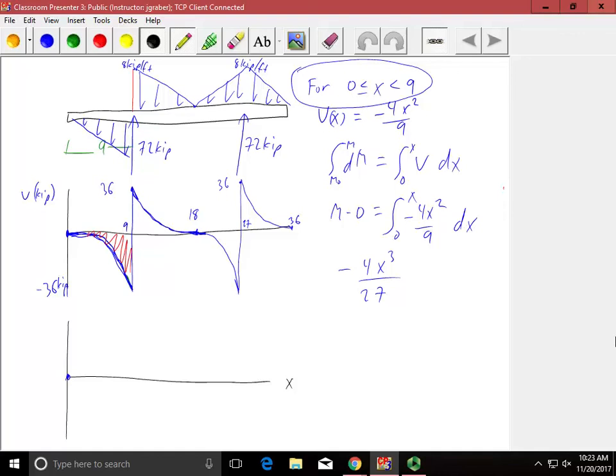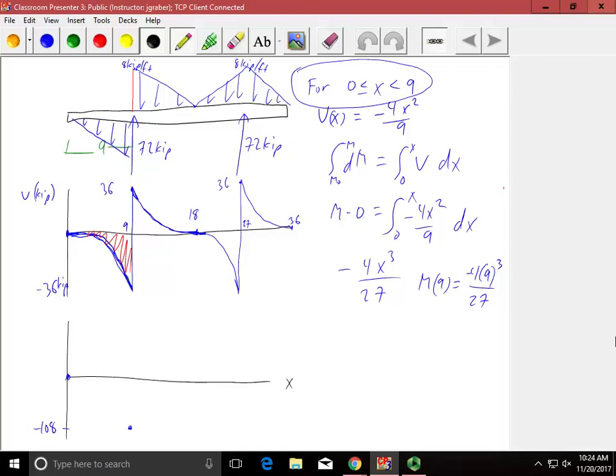We now have an equation for moment: -4x cubed over 27. So what's it going to be at 9? Well, we plug 9 in. So the moment at 9 equals -4 times 9 cubed over 27. -108, excuse me. So we're going to be down here at -108.